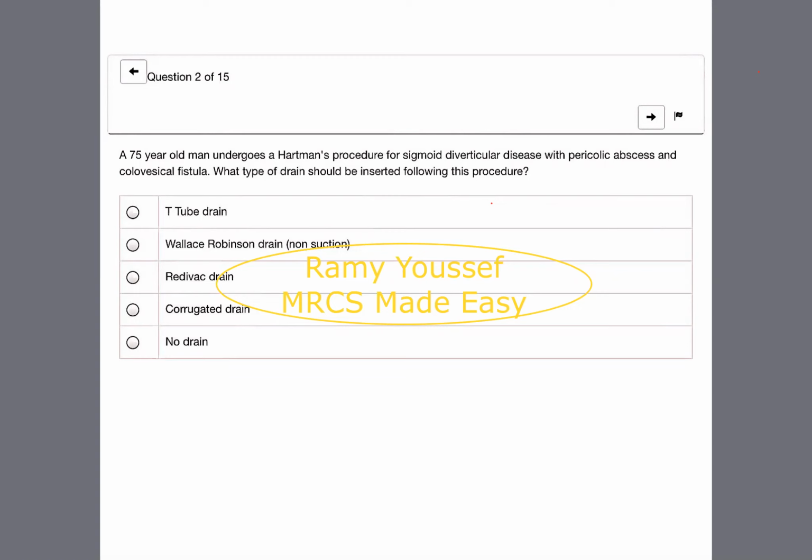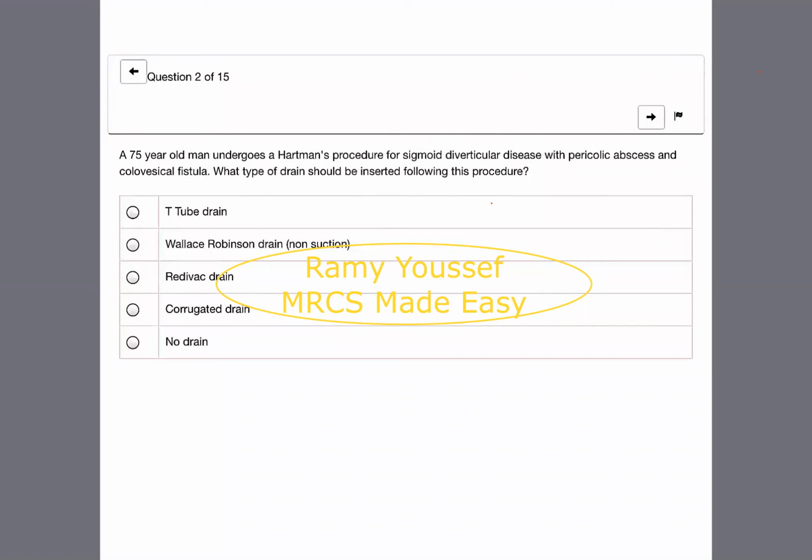What type of drain should be inserted following this procedure? T-tube drain, Wallace-Robinson drain, Redivac drain, corrugated drain, no drain.